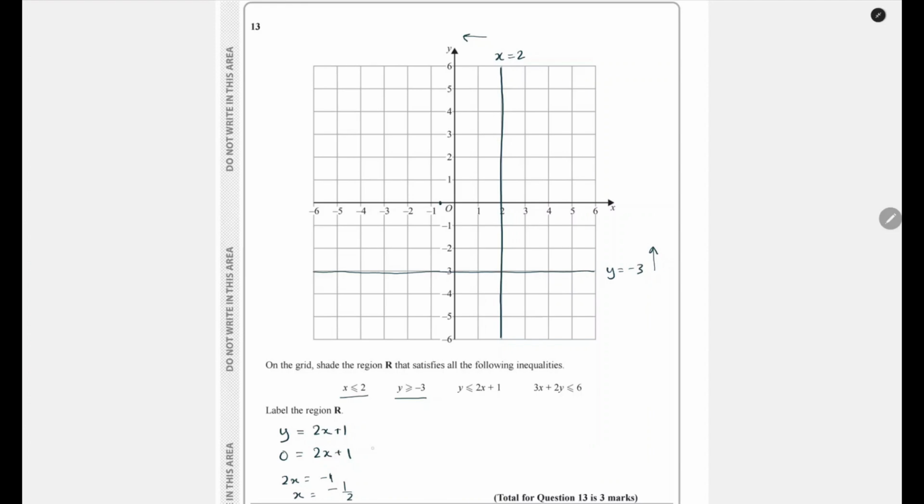And if we do the same thing when x equals 0, we have y is equal to 2x plus 1. y is equal to 2 multiplied by 0 plus 1. y is equal to just 1. So when x equals 0, y equals there. And if we draw a straight line, it looks something like this.